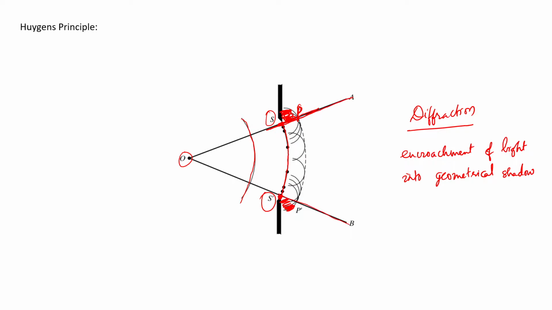The reason is, if you want to really see that light is indeed encroaching into the geometrical shadow, if you want to observe diffraction, you won't be able to see it so clearly unless the wavelength of light is comparable to the slit width, right?